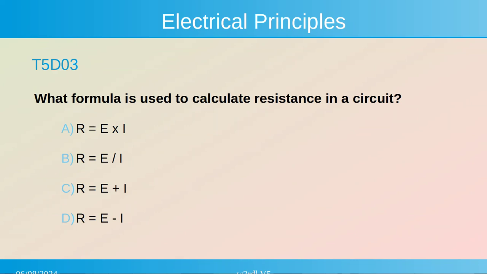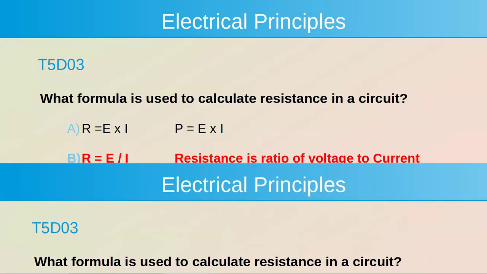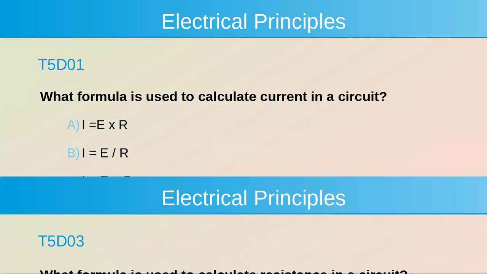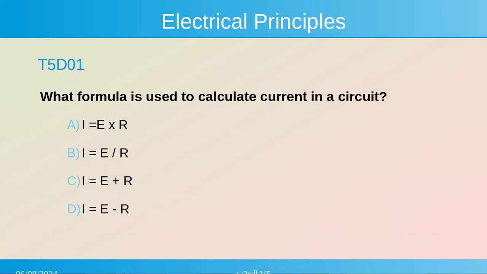E times I would be... No. E, line, I. E divided by I will equal resistance. Yes. So we beat it. Resistance, right? How about that? I'm slow, but I get there eventually. That's all right.